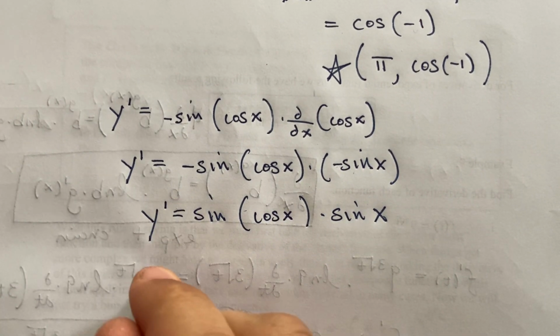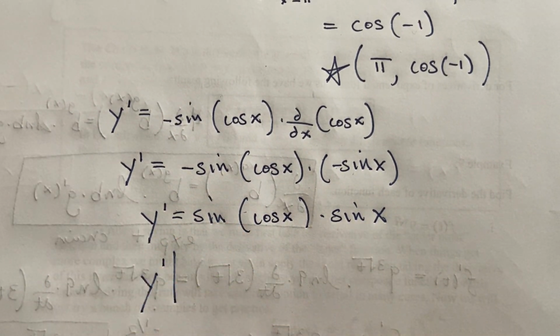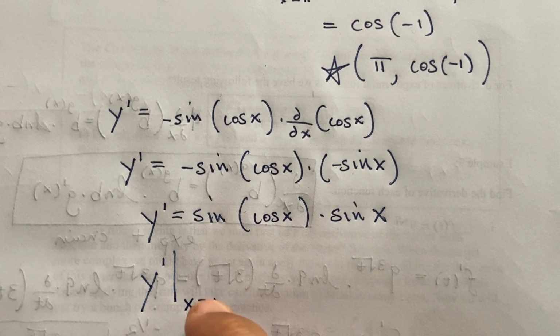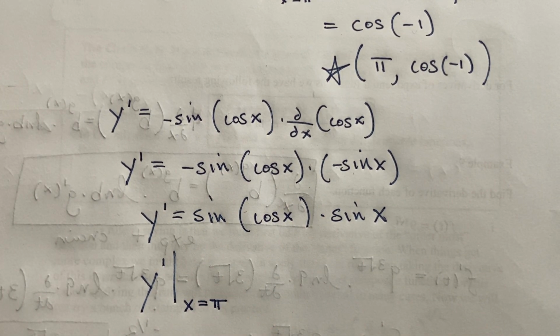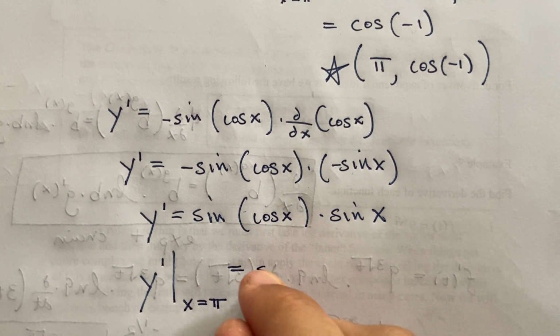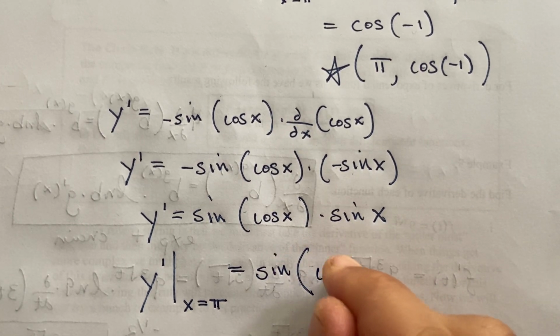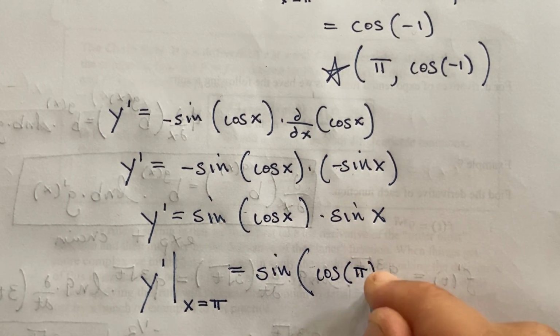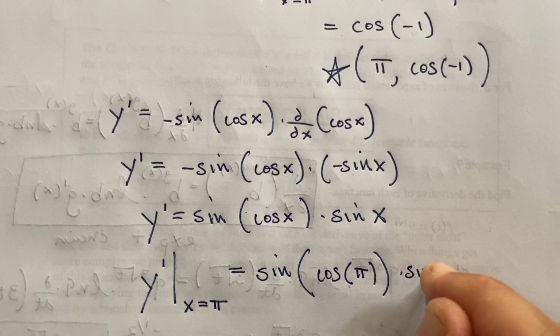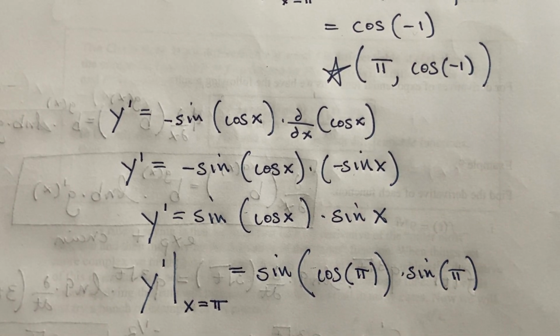So a piece of notation for that: y prime evaluated at x equals pi. Sometimes we use this notation when we don't have function notation to plug into. So sine of cosine of pi times sine of pi.